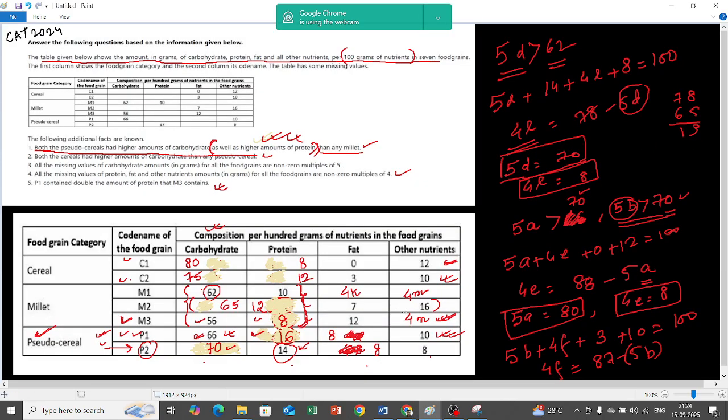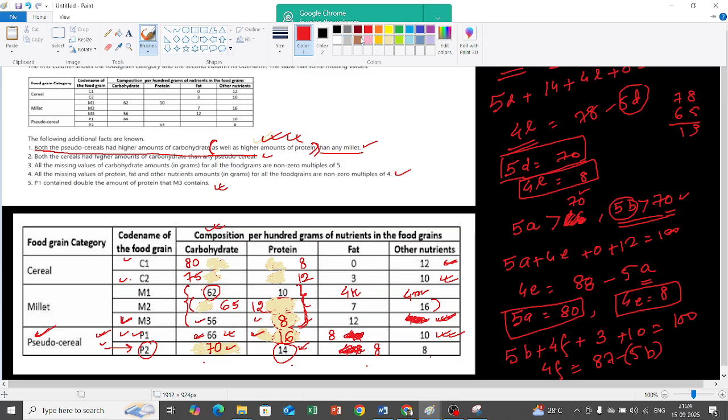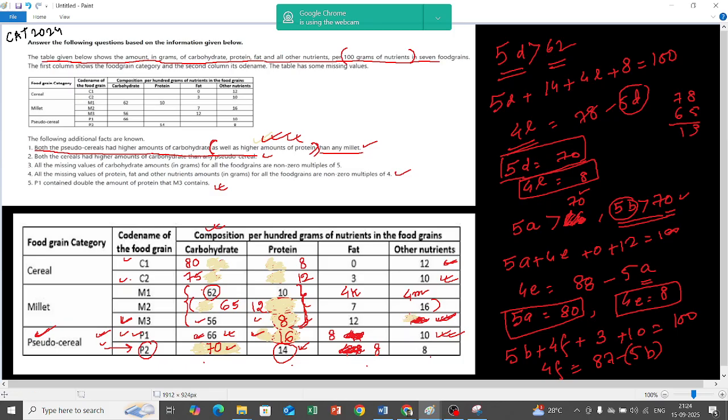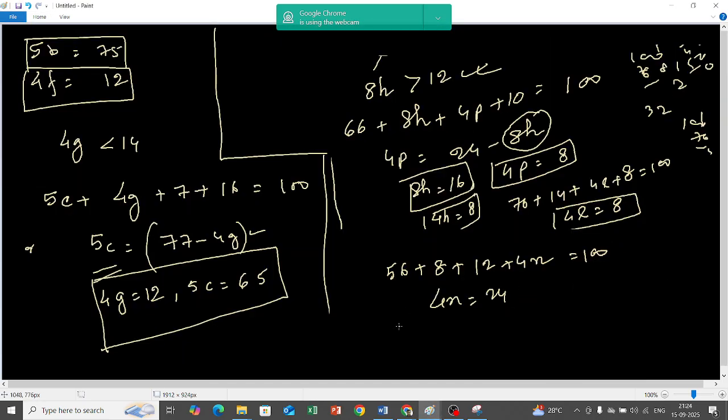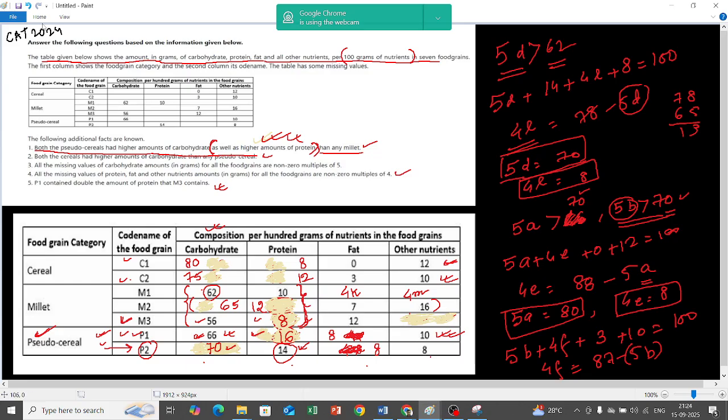Okay, so 4n is 24. We got all the values.